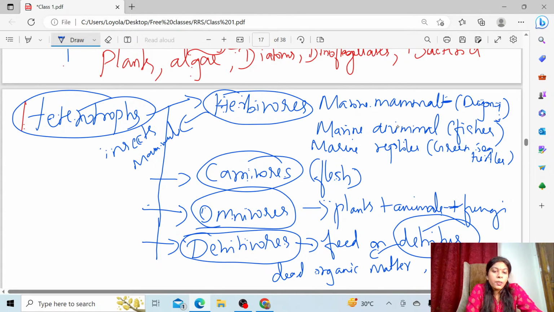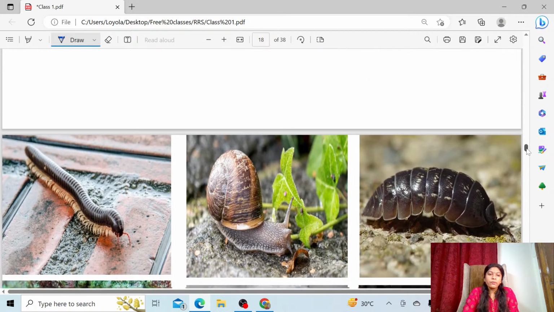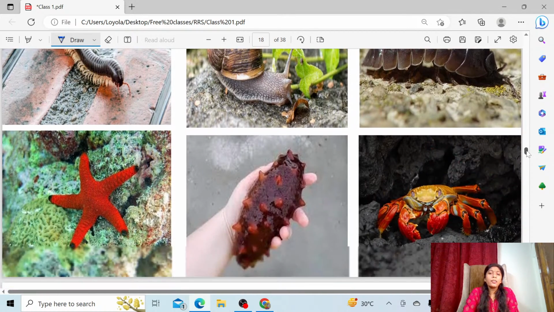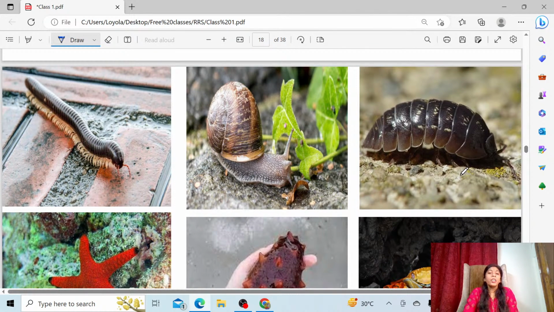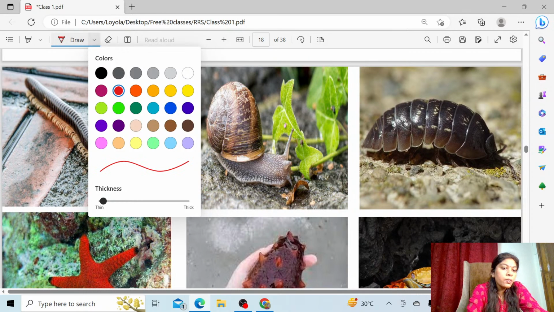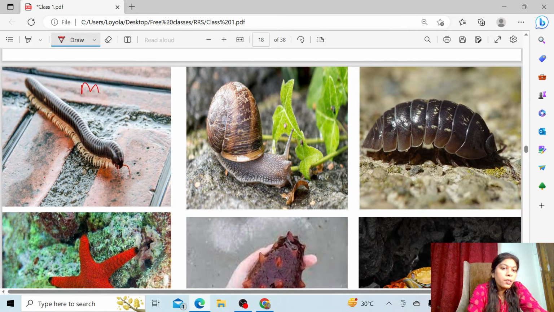When you come to learn this term, you should be very careful with the examples. What can be a detritivore? You can see here in our slide. These are some examples of detritivores, and there are many more. On land, this is a millipede, and it is an example of a detritivore.